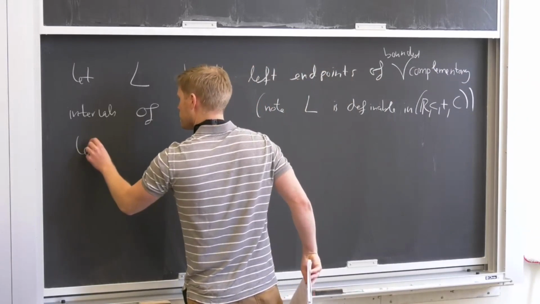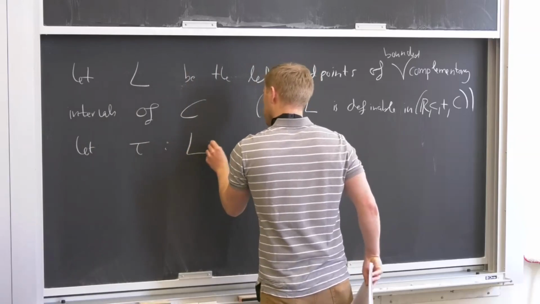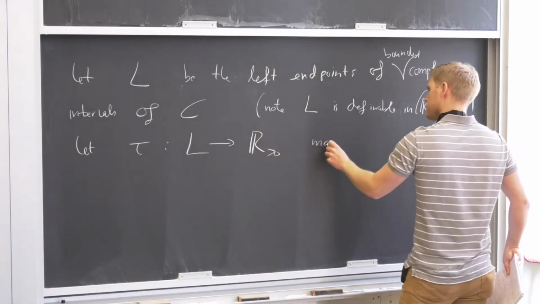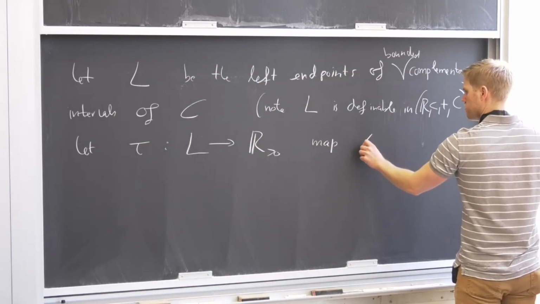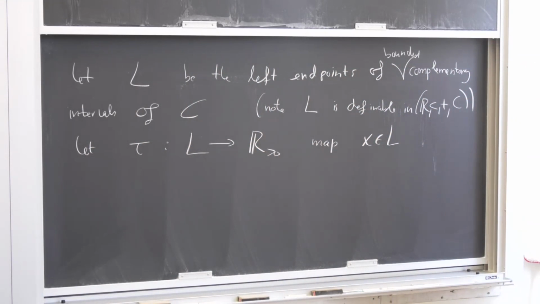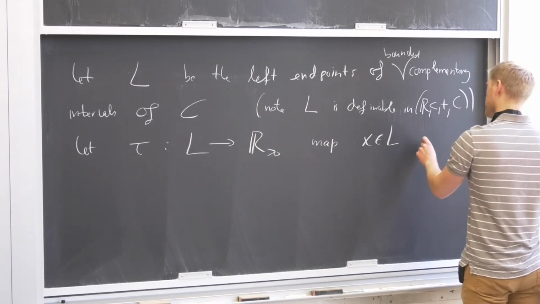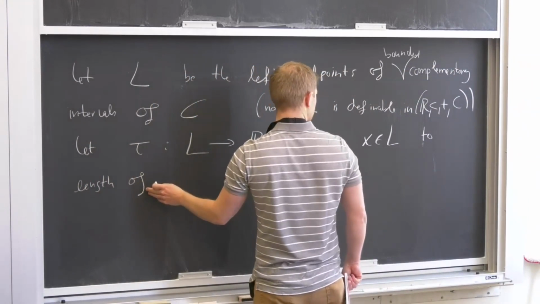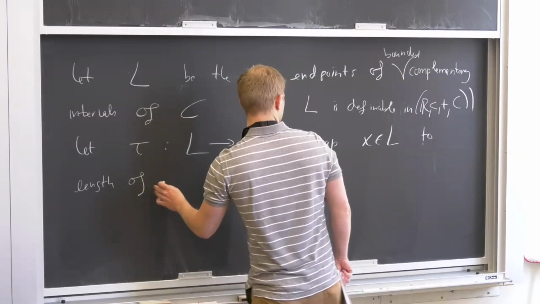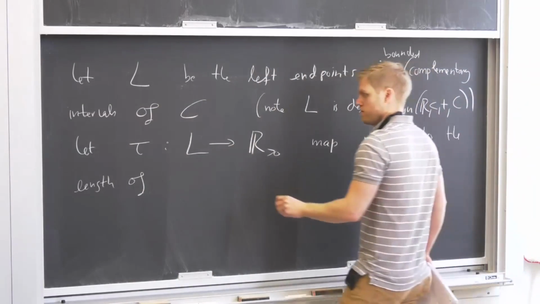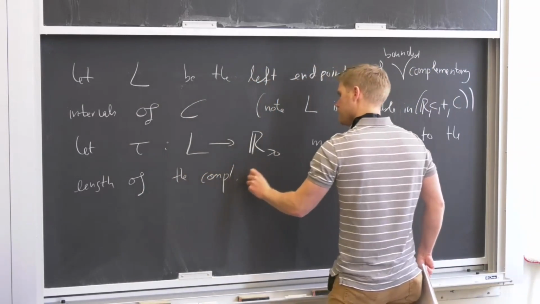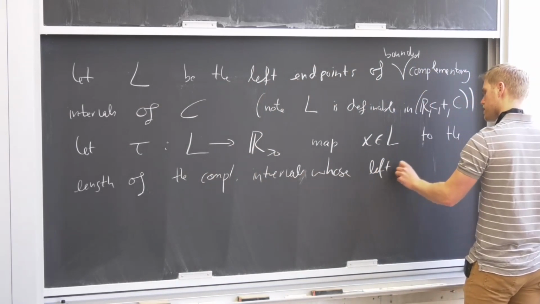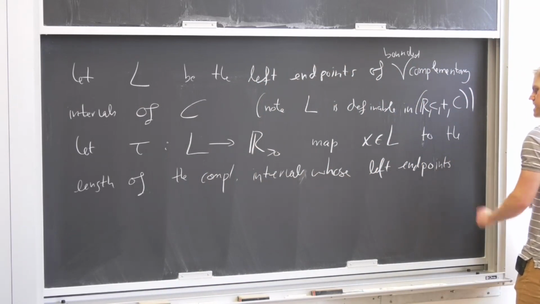And now let's call this map tau, a map that maps L to R. Take one of these endpoints, x, and map it to the length of the complementary interval whose left endpoint is x.